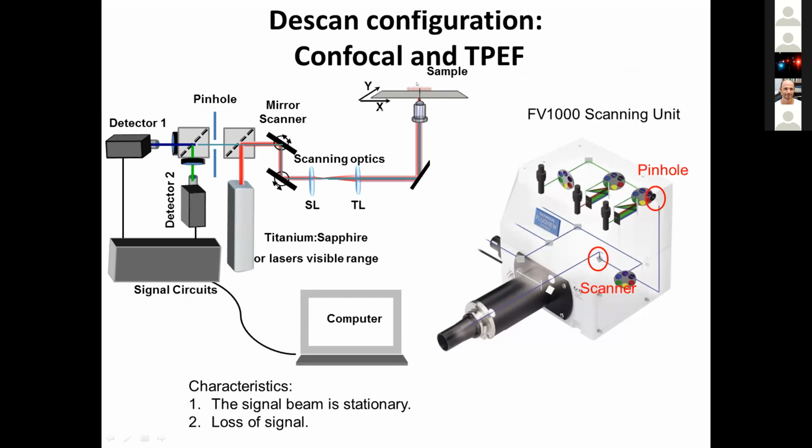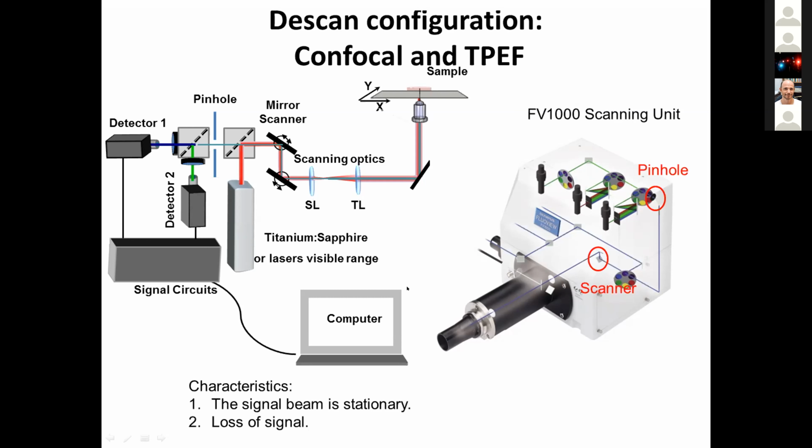The light goes to the sample, gets excited, our fluorescence comes back, and passes through all the scanner back to the detectors. In that case, it's called descan because the beam after passing back through the scanner is stationary. This is most of the time the setup of all the confocal microscopes that we have in our laboratories.